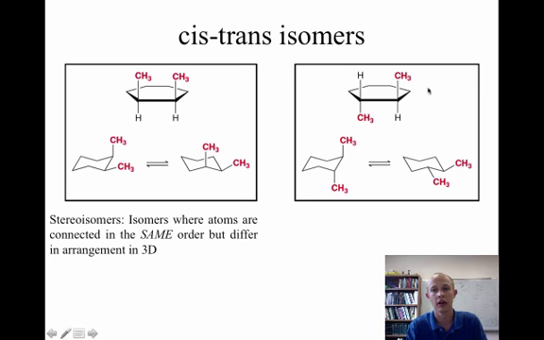The same order of connectivity. The atoms are bonded in the same order, but we differ in the way that those atoms are arranged in three-dimensional space. In one case, the two methyls are together. In the other case, they're opposite of one another. So these are called stereoisomers, meaning that the atoms are bonded in the same order, but they differ in the way that they're arranged in three-dimensional space.